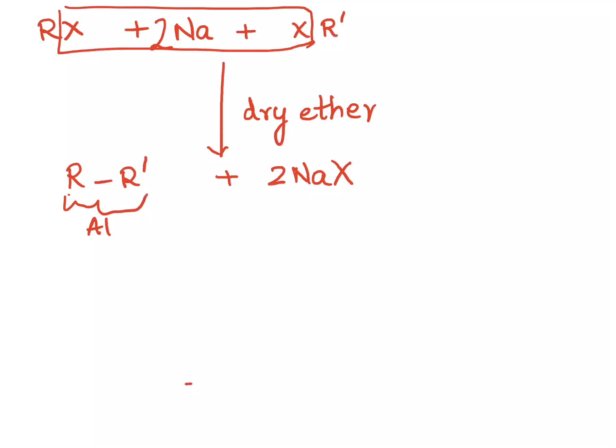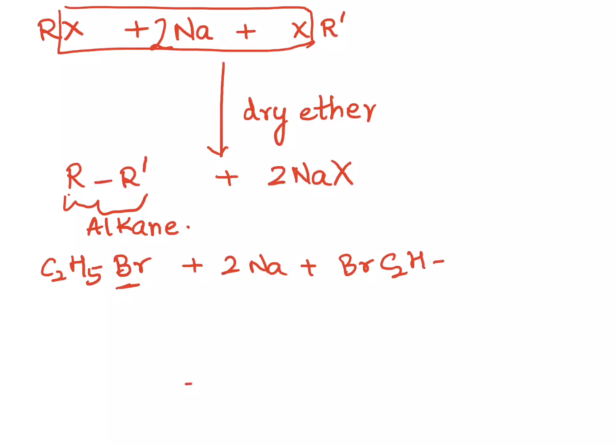Now how is this an alkane? Now in case you have not revised alkanes for a long time, just to brush up what we have already covered. So C2H5Br, sodium metal. Now I am going to flip this. So BrC2H5. I am just flipping it around to make it easier for me to remember and write down my reaction.